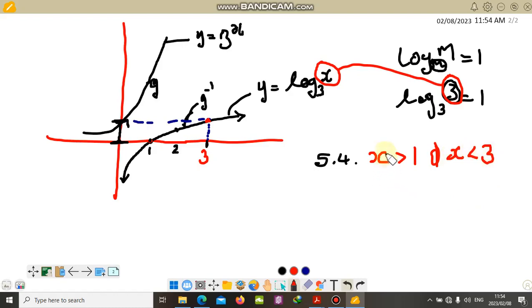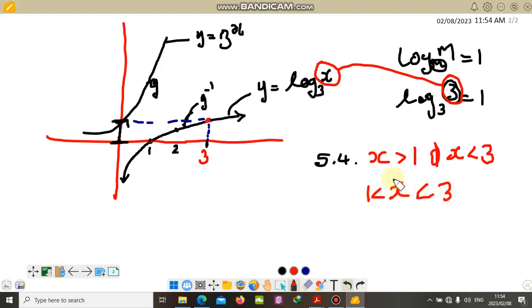You understand that any value of x greater than 1 will get a y value greater than 0. But any value of x less than 3 means we get y being less than 1, because y equals 1 at x equals 3. So I'll write this properly. 1 is less than x, and x is less than 3.